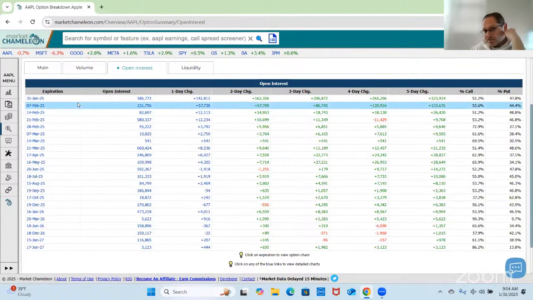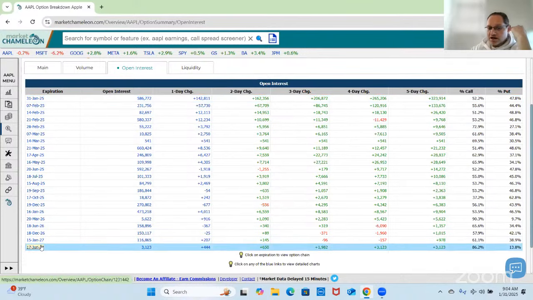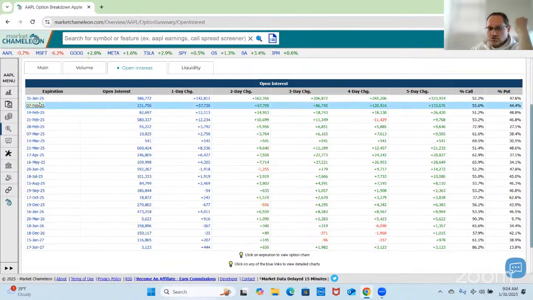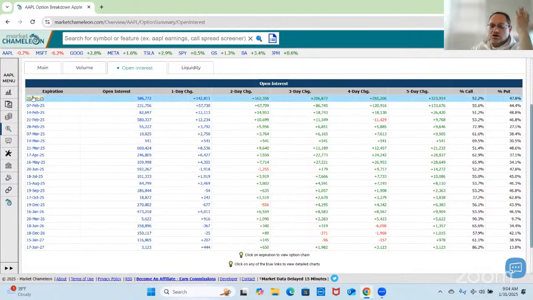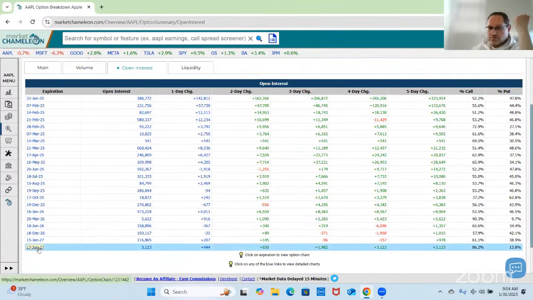Here, what we see is a table, and it's organized by the different options expirations that are available to trade. You could see they're ordered from the most recent, the ones with the lowest DTM or days to maturity, to the ones furthest out.